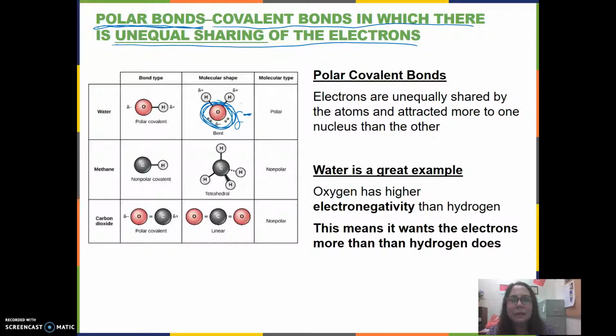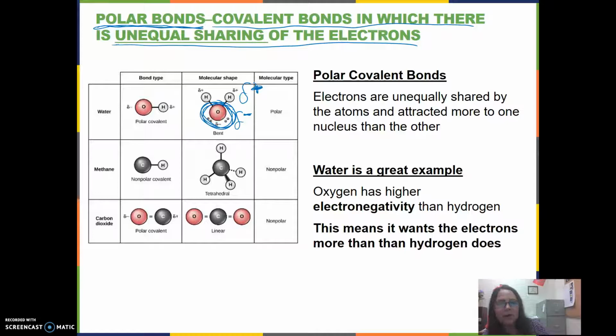That lowercase delta with a minus means slightly negative, and the hydrogen end of the molecule holds a slightly positive charge because it has less of an attraction for those shared electrons. So polar covalent bonds form when electrons are unequally shared and one of the atoms has a stronger attraction for the shared electrons than the other.